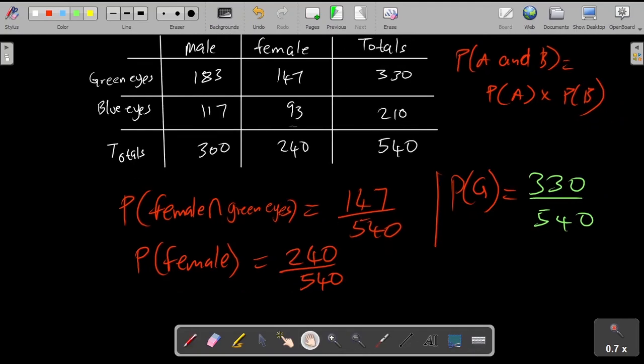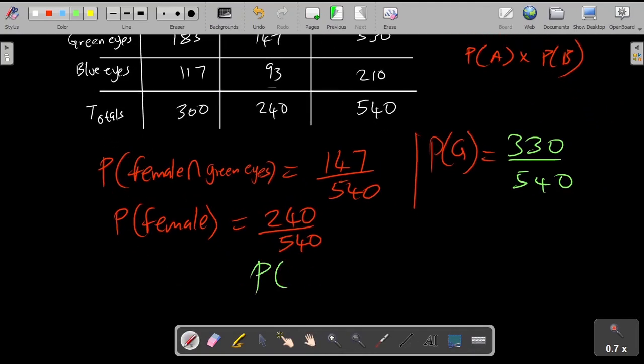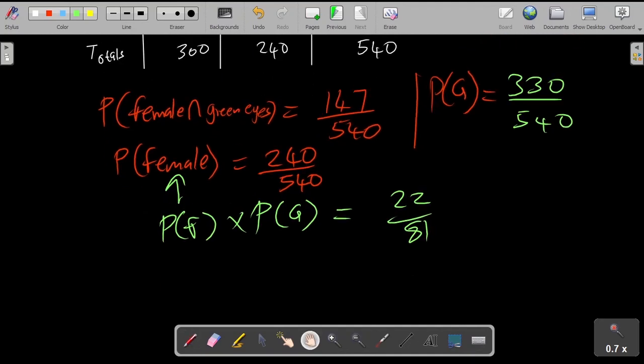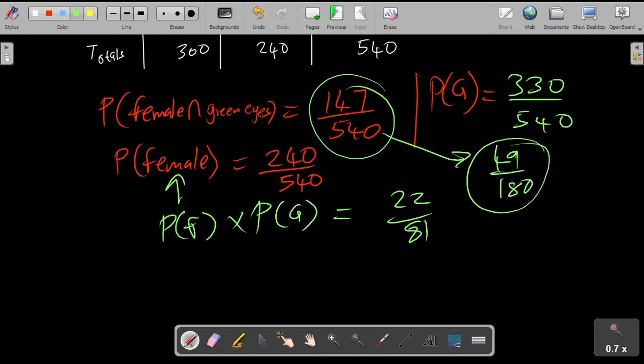Now, if we multiply this, and let's just say F for this one, if you multiply these two, you should get 22 over 81. And if you simplify this, we simplified that to 49 over 180, and we can't go any further from here.